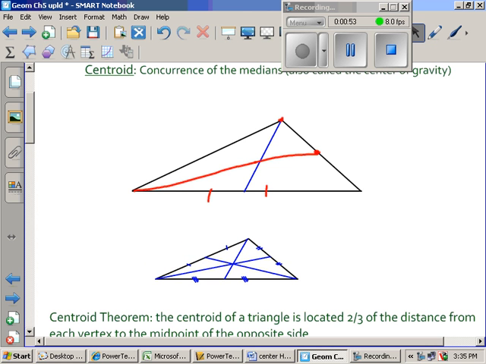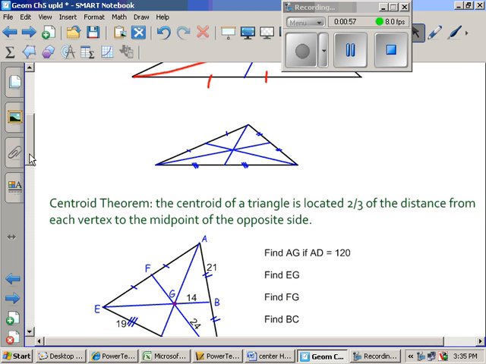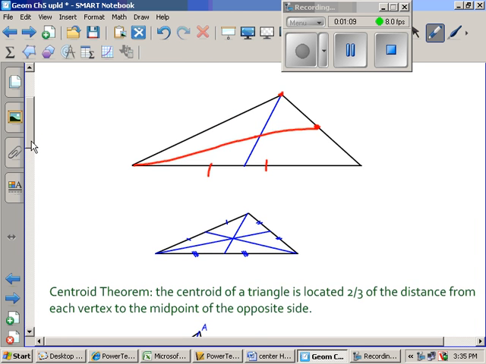The centroid is located 2/3 of the distance from the vertex and 1/3 of the distance to the midpoint of the opposite side. So what I'm saying is, if this is my centroid, this is 2/3 of the length of the median, and this is 1/3 of the length of the median.